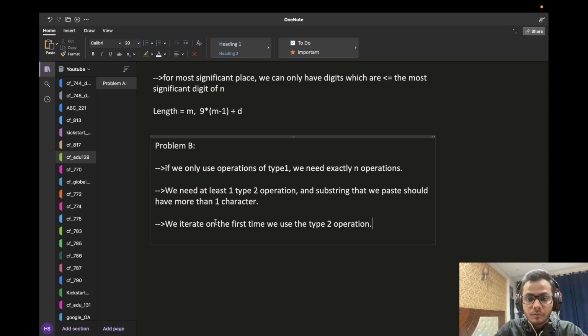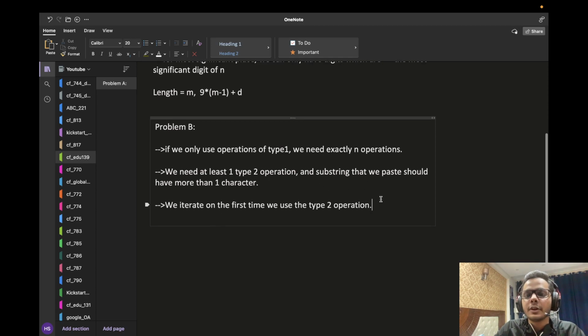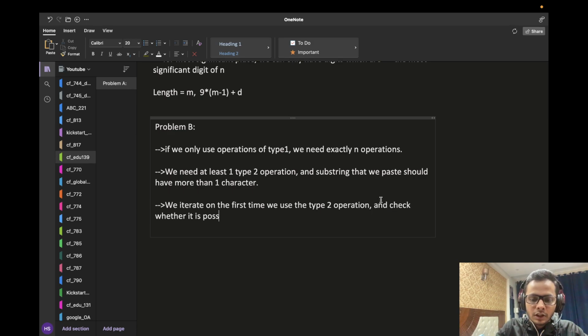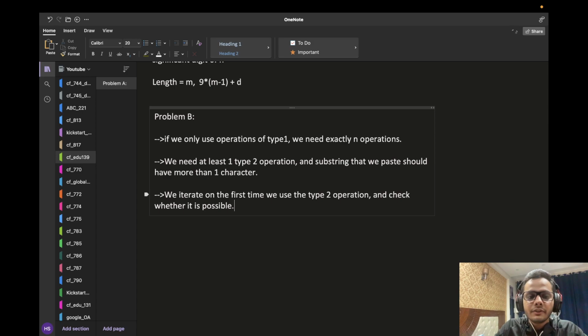And we check whether it is possible. If at some point we find that at a particular index we can use the type 2 operation to type more than one letters, then basically we are done. Okay, so let's say we are currently at the ith character and we are trying to check whether we can use the type 2 operation here or not.